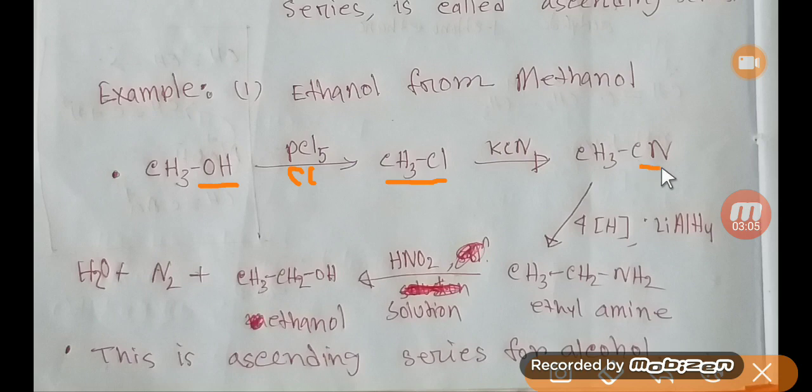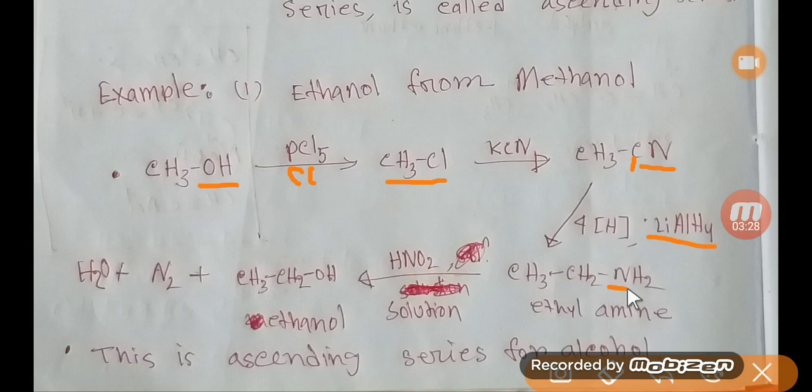And if we reduce this nitrile with lithium aluminum hydride reagent, then we'll get ethylamine, that is, two hydrogens will come with nitrogen and two hydrogens will come with carbon. So thus we are getting ethylamine.